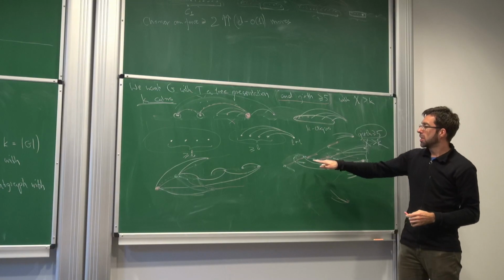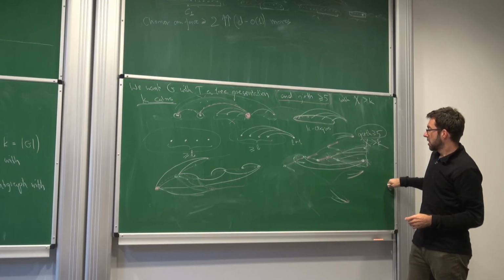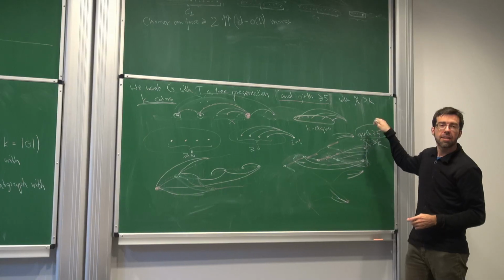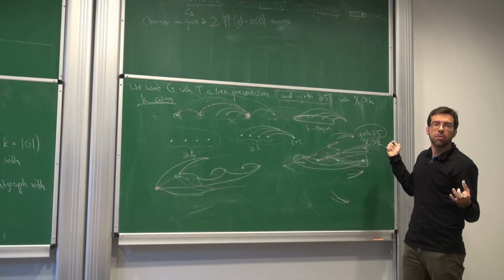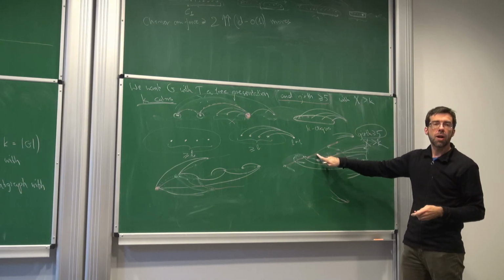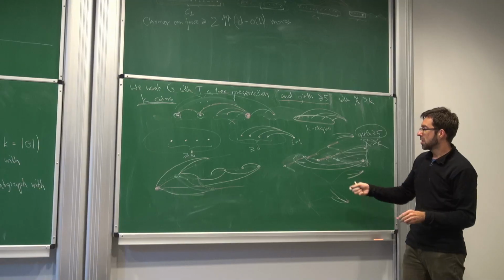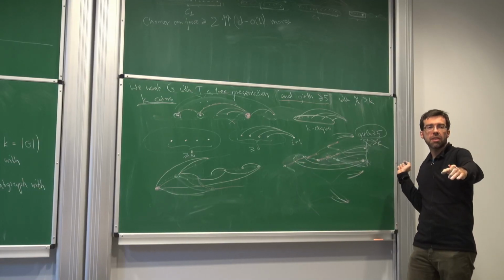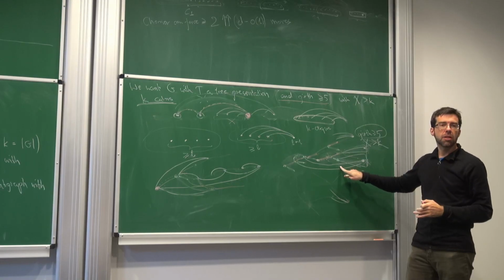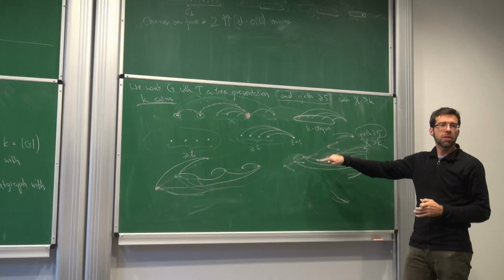The only problem is that after cutting off these unnecessary leaves, and even before cutting off, we may have vertices of degree 1. It could happen that the entire graph is a single path in the tree presentation. And this argument doesn't work when we have a vertex of degree 1.